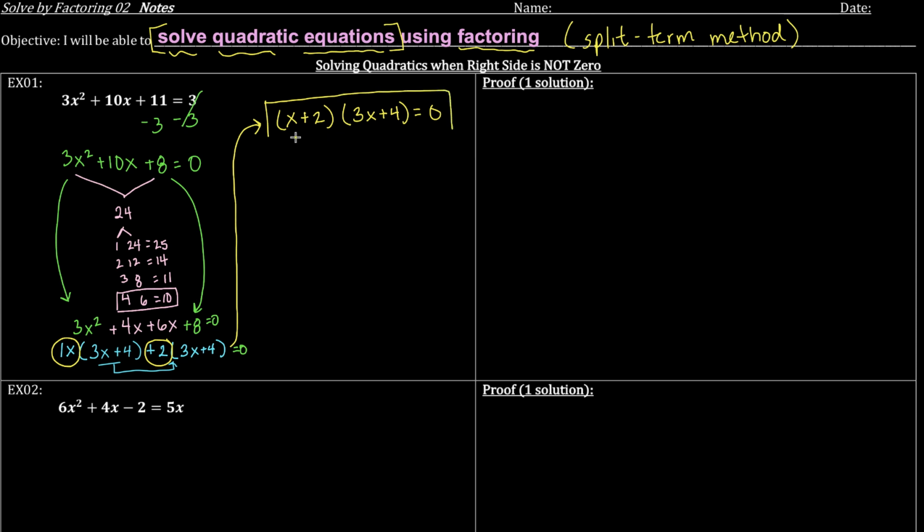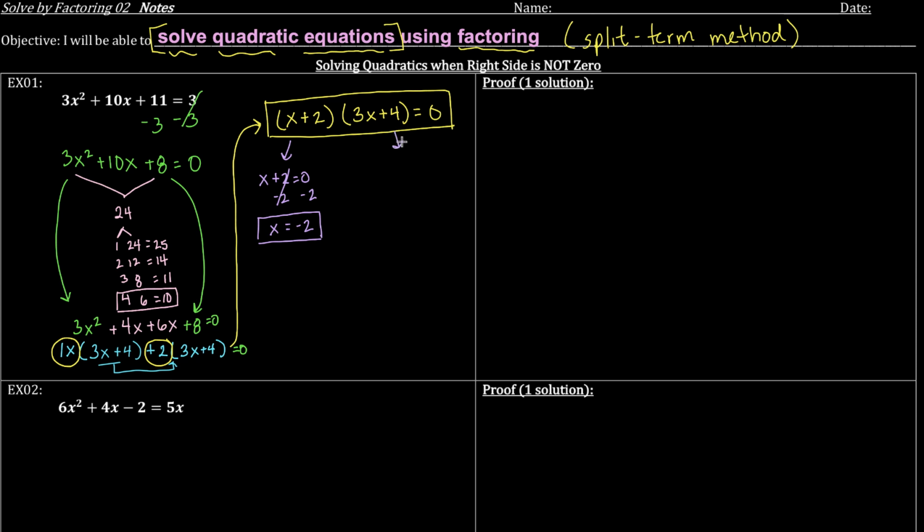Now remember, I need to figure out what x needs to be to make the equation equal to 0, make the left side equal to 0. So I'm going to do an x plus 2 equals 0 here. So I get x equals negative 2.